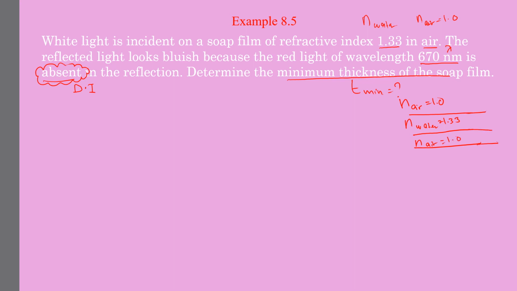So for the incident ray from less dense to more dense, there is a phase change, that is pi radian. Water 1.33 to air, more dense to less dense, there is no phase change. So one has a phase change, one has no phase change. So this is antiphase.